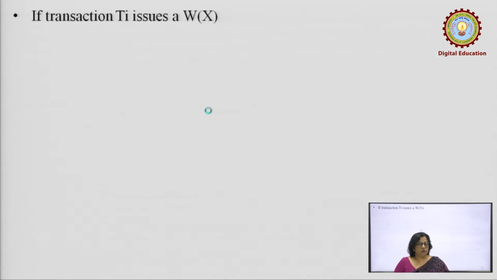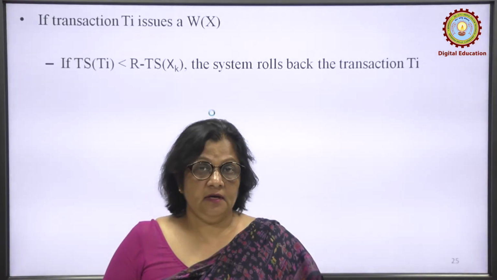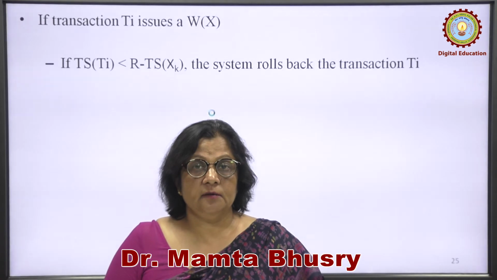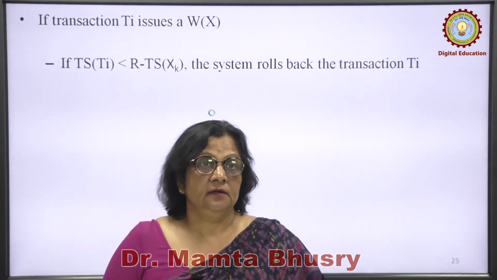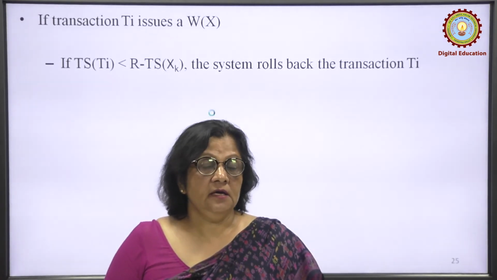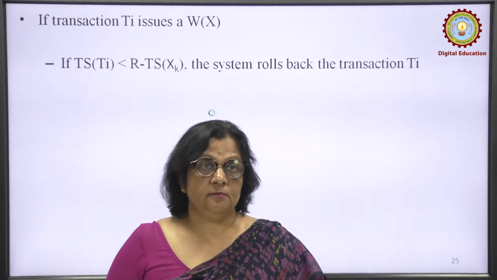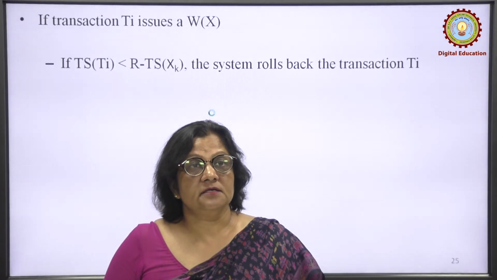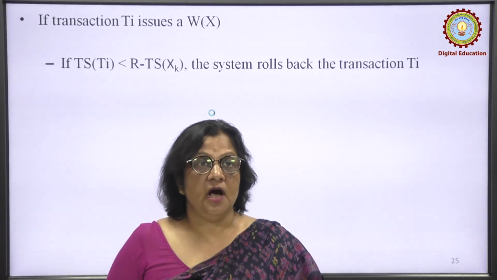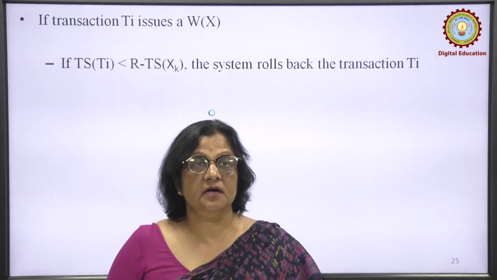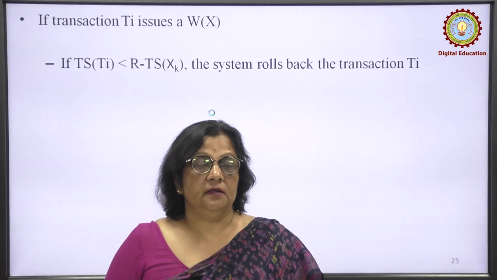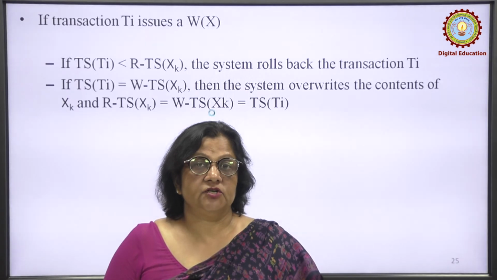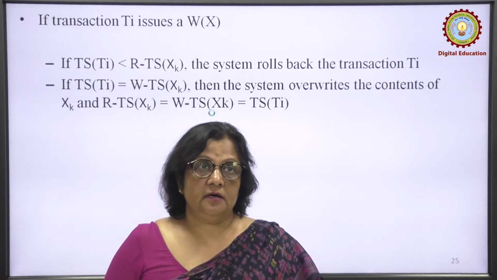If Ti issues a write x, then if the timestamp of Ti is less than the read timestamp of the version, that is, Ti is an older transaction as compared to the transaction that last read the value of the version xk, then the transaction Ti is rolled back.